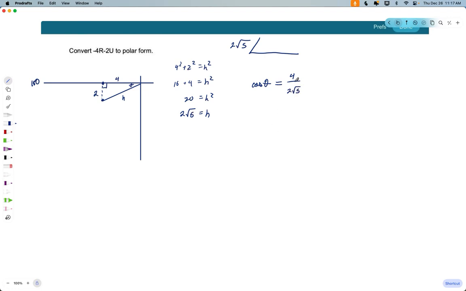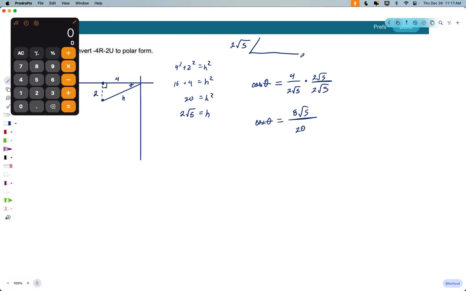So one of the things you can do when you have a square root, I know I didn't do this on the previous problem, but when we have a square root number here, we want to rationalize it. So times 2 times the square root of 5 over 2 times the square root of 5. So that's going to be 8 times the square root of 5 over 4 times 5, which is 20. So we know we can solve cosine of theta this way as well.